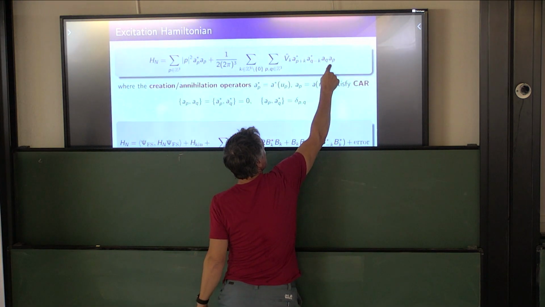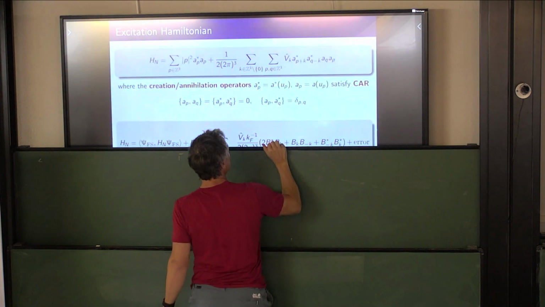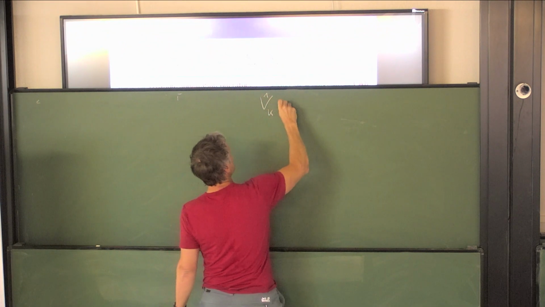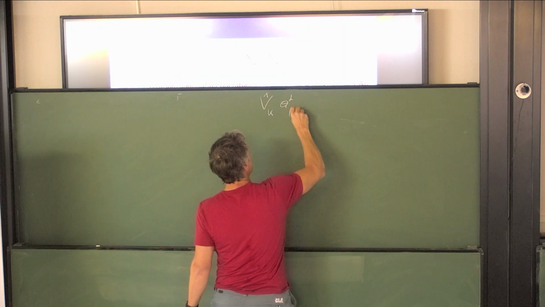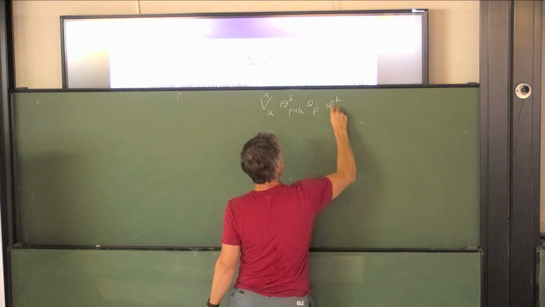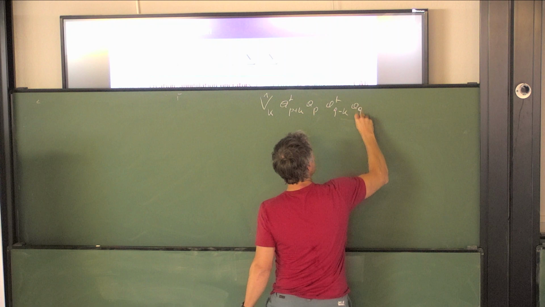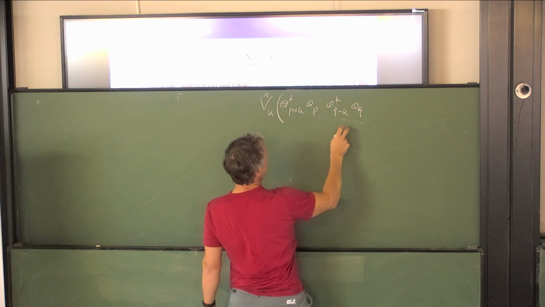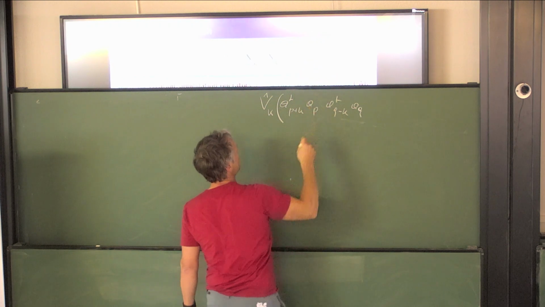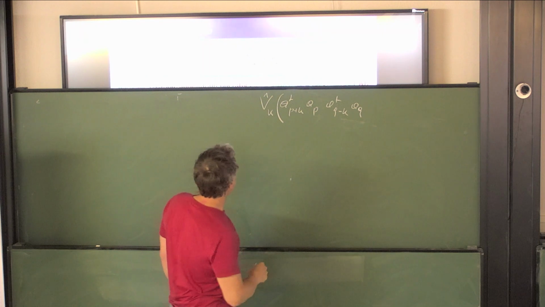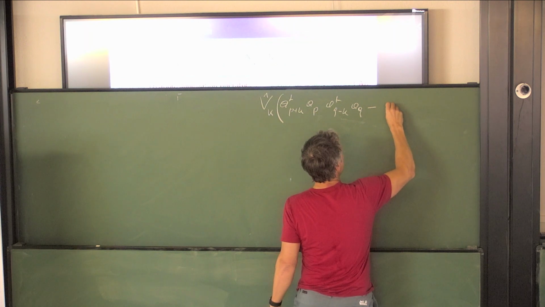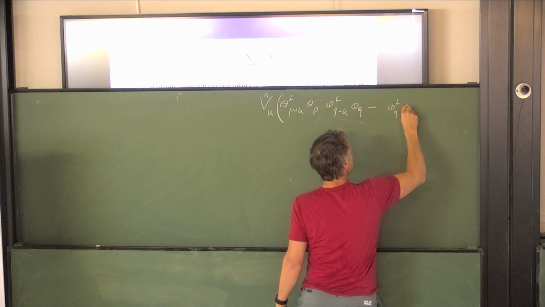If you anticommute the A_P over, you get something like B of K, A star P plus K. Now you move over the A_P, then you have A star Q minus K and A of Q. And when moving this over, you have to move it through the Q minus K, so P has to be equal to Q minus K. So you get something like minus A star A of Q.